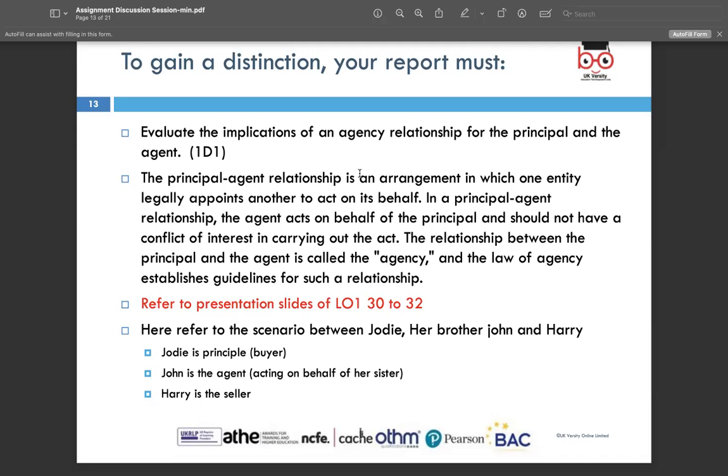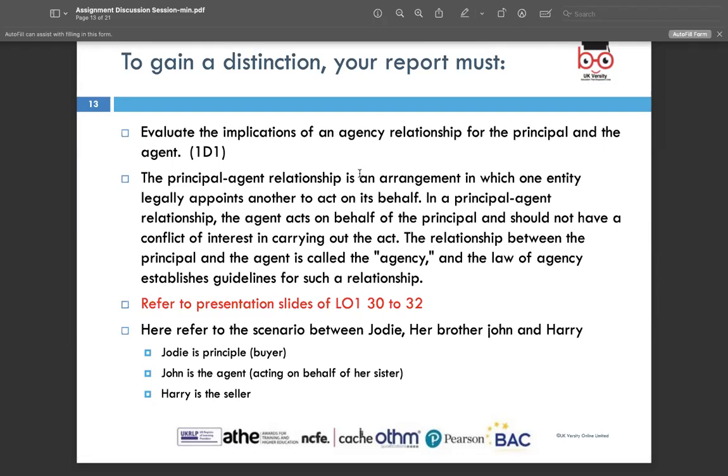Implications for the principal: evaluate how Jodie as the principal is bound by the actions of John, her agent, especially regarding the formation of the contract with Harry.